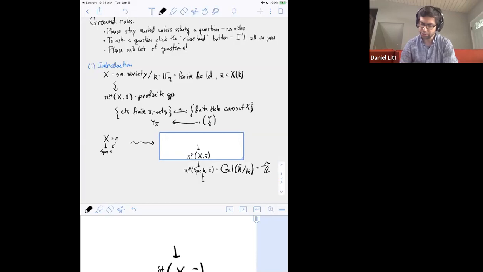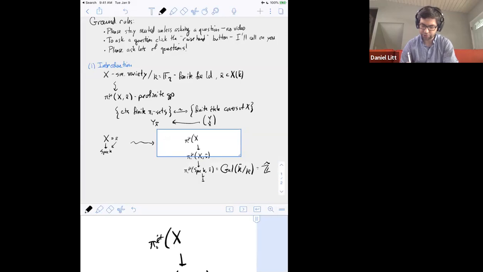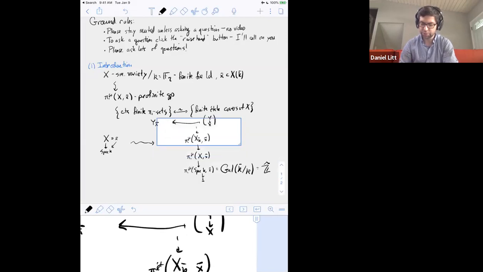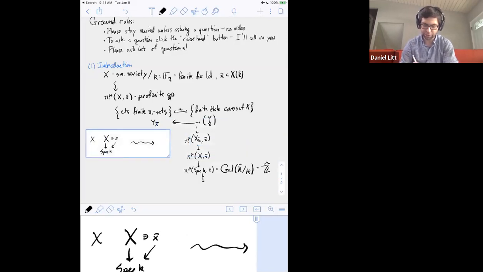So I claim we also understand the kernel of this map reasonably well. So it's the étale pi1 of X base changed to K bar, with coefficients in X bar, and this map is injective. So you're supposed to think that from topology, you have a fiber sequence where X maps to spec K, and then the fiber, the geometric fiber, in fact, is X K bar, and that's supposed to give you a long exact sequence of homotopy groups.